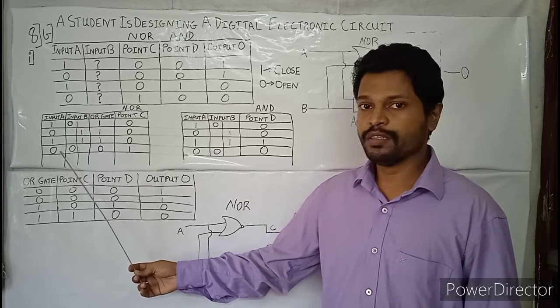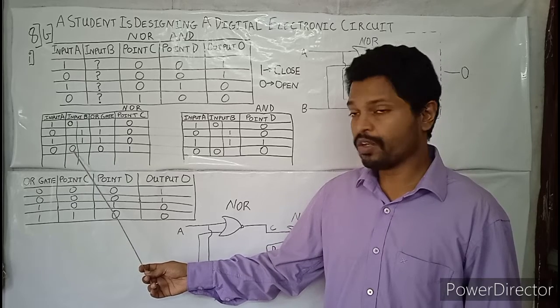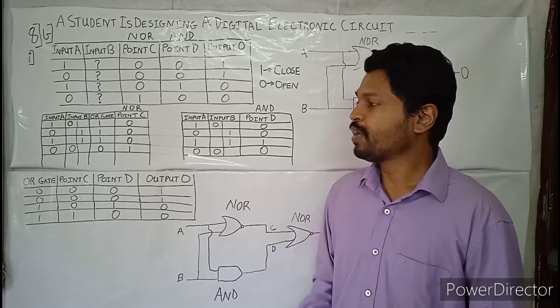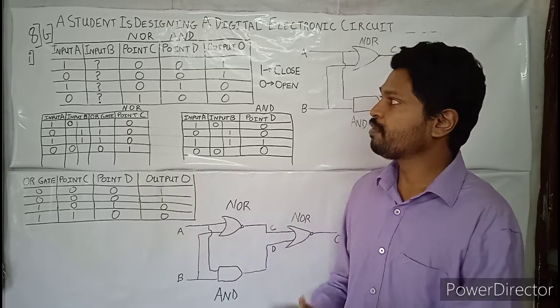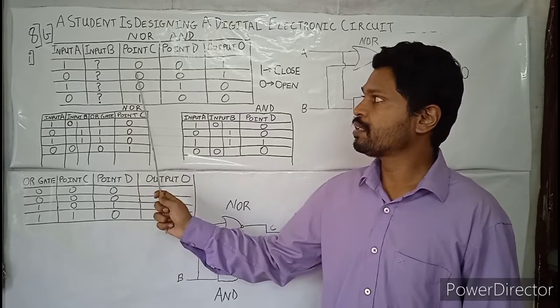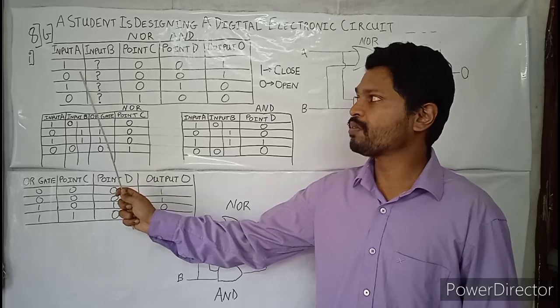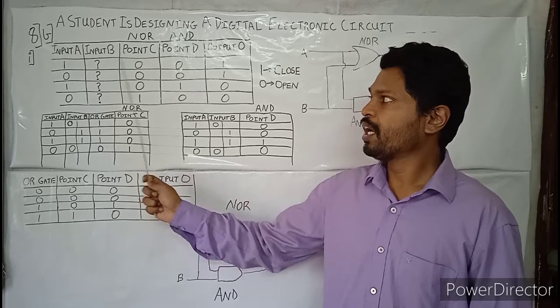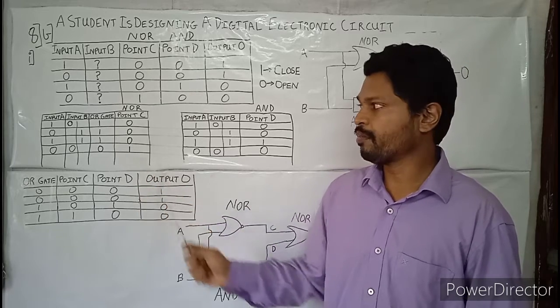Here it is 0. If we take 0 only, then the value will be 0. So we have gone in the reverse order. We have solved the first side with these 3 columns. We put some values out here arbitrarily, and we got the correct truth table.